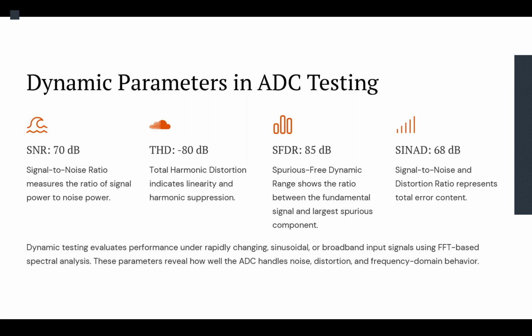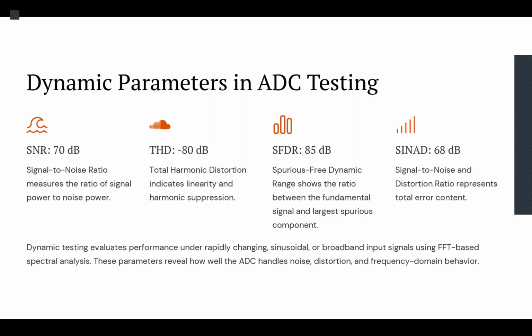The first dynamic parameter is SNR, or signal to noise ratio. This is the ratio of the power of the fundamental input signal, which is your desired frequency, to the power of all non-harmonic noise components.